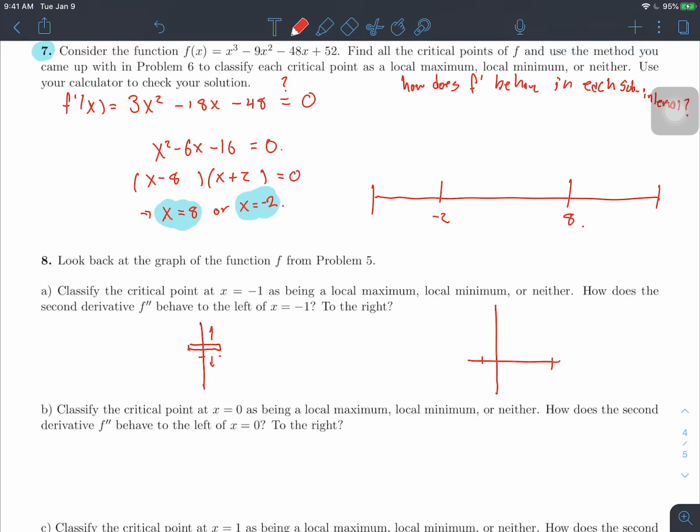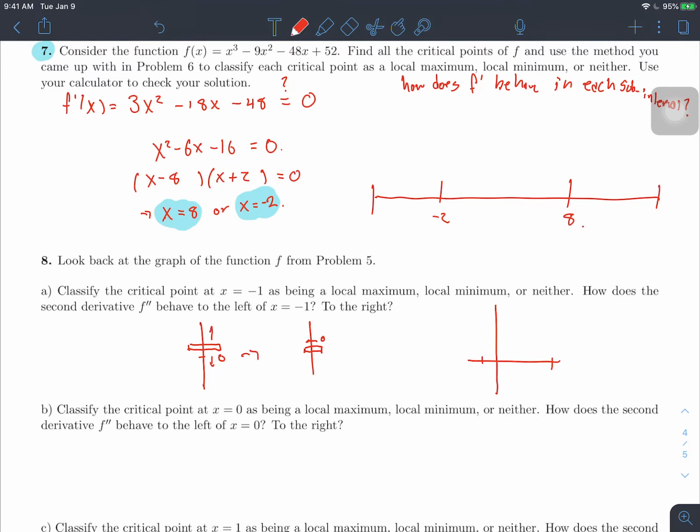And here's 0. If at one point we are above 0, and then later on our slider dips beneath 0, well, in order for us to move the slider from the top to the bottom, we have to pass 0. But we already identified that f prime equals 0 only happens at -2 and 8.